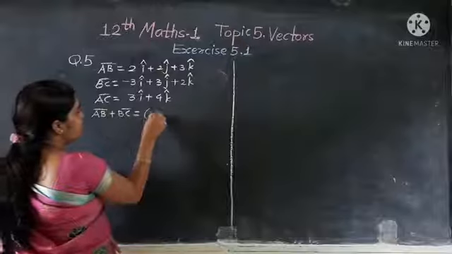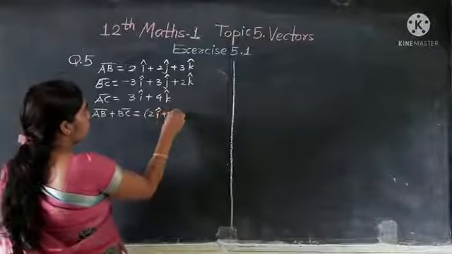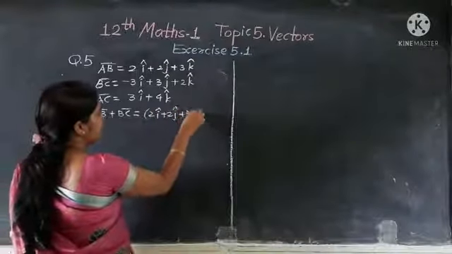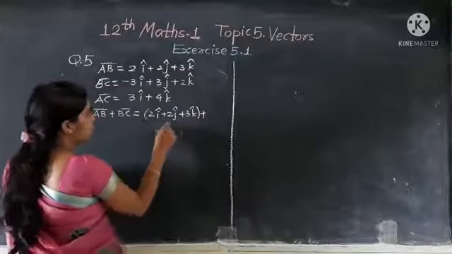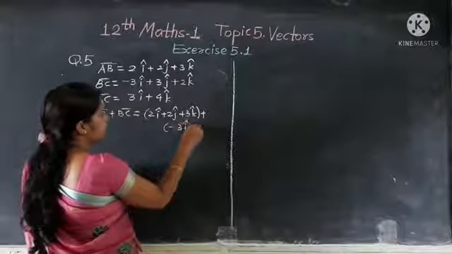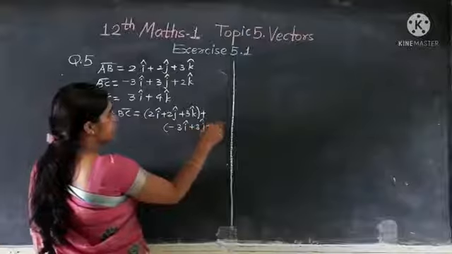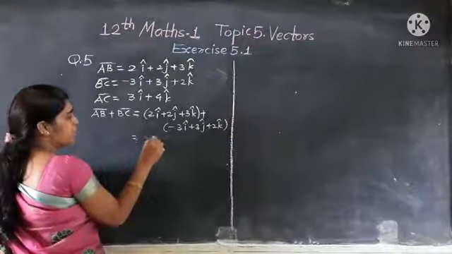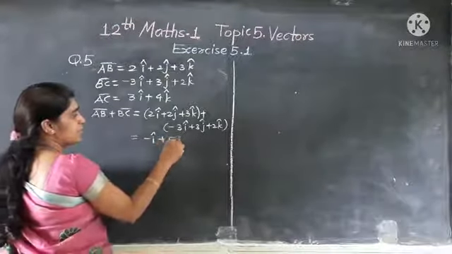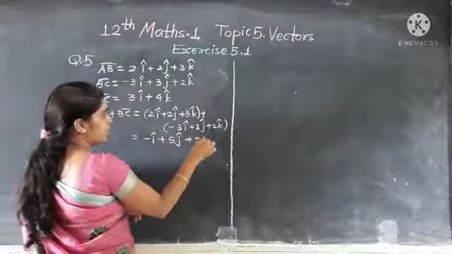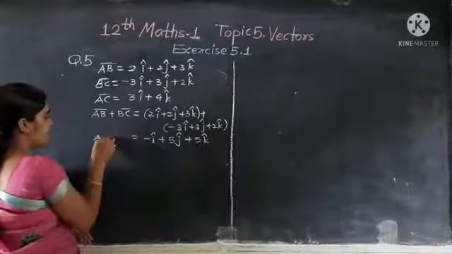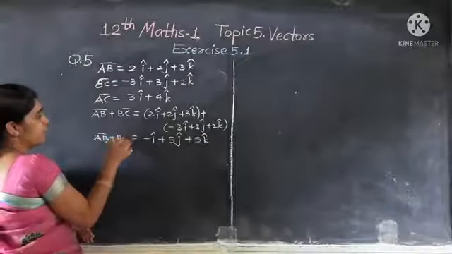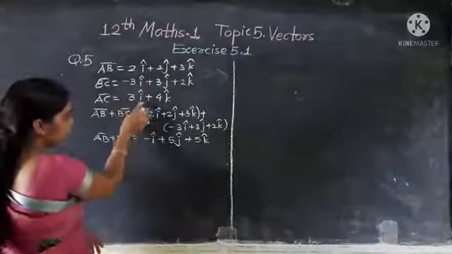AB bar is 2i cap plus 2j cap plus 3k cap, plus BC bar is minus 3i cap plus 3j cap plus 2k cap. 2 minus 3 is minus i cap plus 5j cap plus 5k cap. It is AB bar plus BC bar. Is it equal to AC bar?